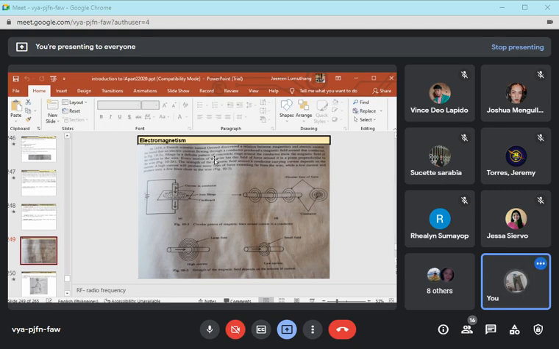He found that an electric current flowing through a conductor produced a magnetic field around the conductor. So can you please tell me something about figure A? Anyone? What is your observation? I have, ma'am. Okay. Who's that?